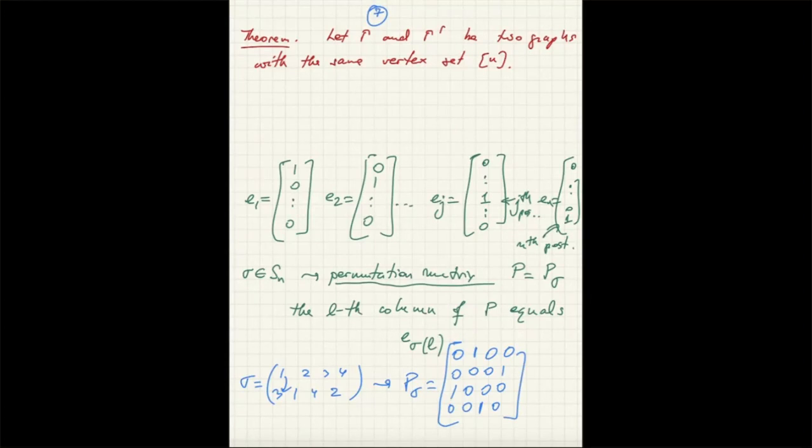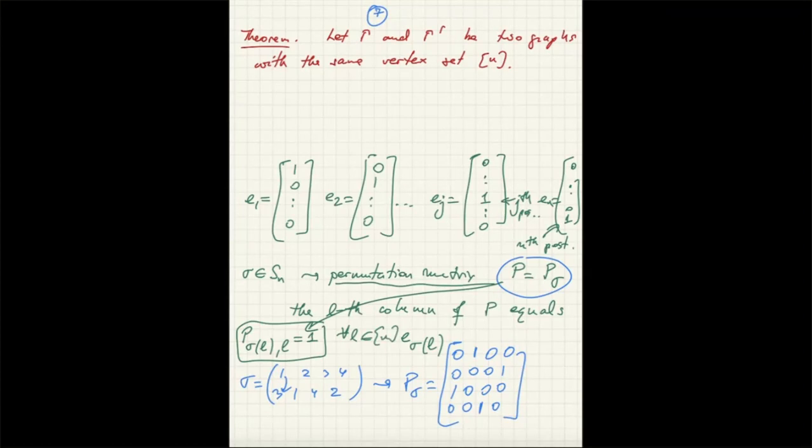This is the same as saying that P sigma is a 0, 1 matrix where there is exactly one 1 in each row and each column, obtained like this, with column L equal to E sigma of L. So that's what the permutation matrix is.